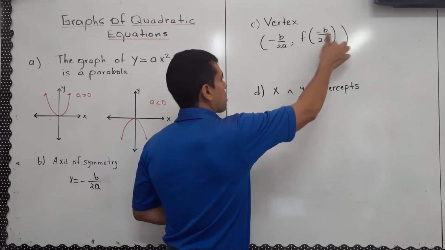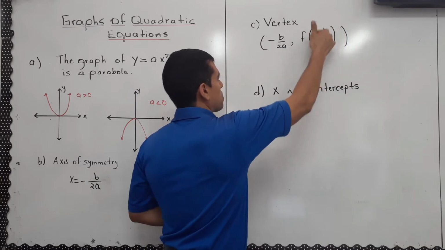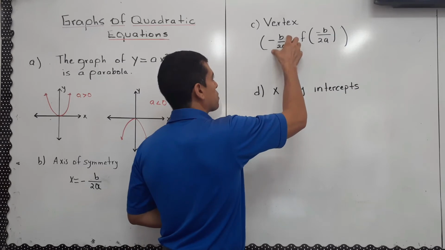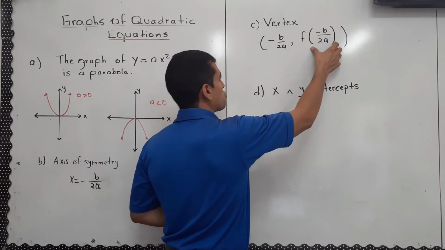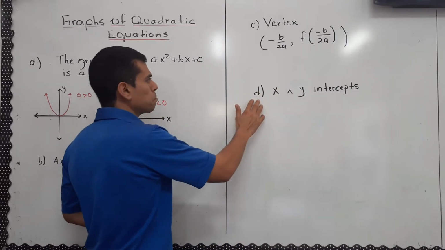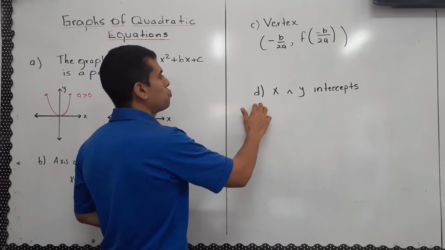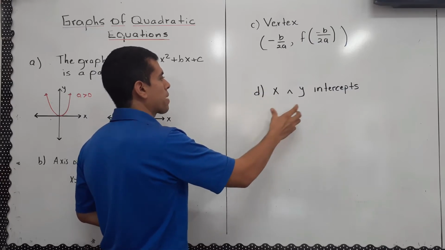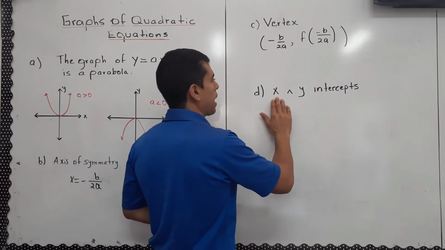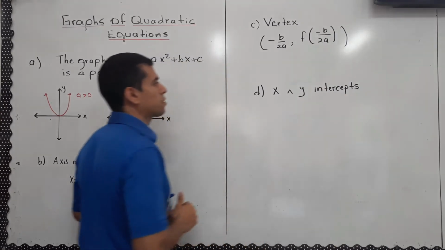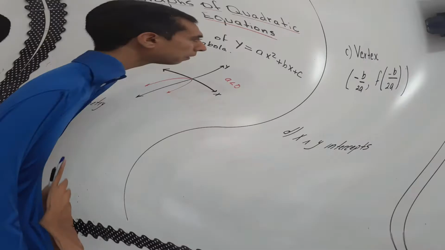The y part means that you're going to evaluate the axis of symmetry in the whole function. Later on, we're going to see how to do that. And finally, for getting the graph of a parabola, you have to find the x and y intercepts. We are going to see in example 1 how to do that.